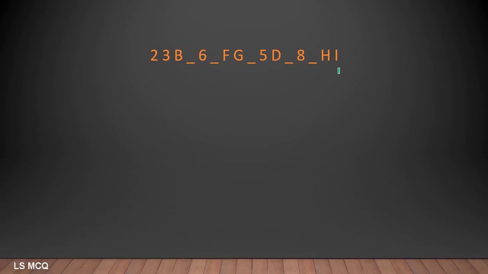Okay, let's move on to next one. Here the correct answer is this one. See, it's kind of easy, I guess, because 2, 3, BC. So B comes second and C comes third in alphabetical sequence. So 2, 3, CA, 6, 7, FG.